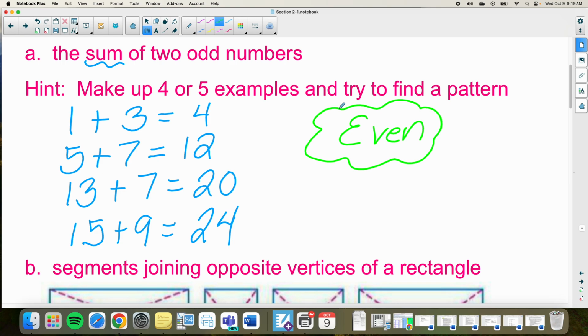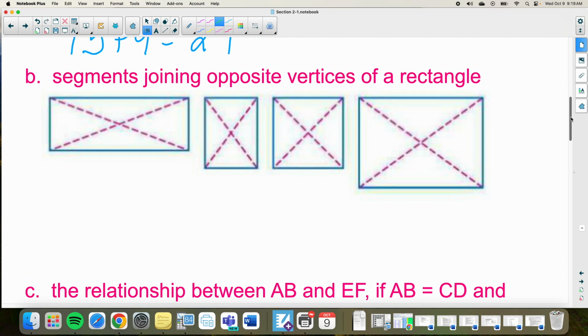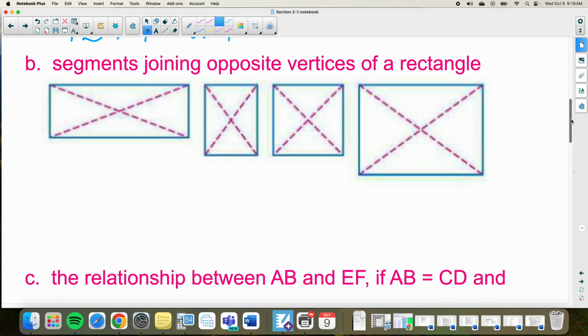All right, so now let's look at this one. This isn't the best example here. This gives us a statement. It says segments joining opposite vertices of a rectangle. So segments joining opposite vertices are called diagonals. And what would you guys think you would find out if you measured these diagonals in all of these cases?